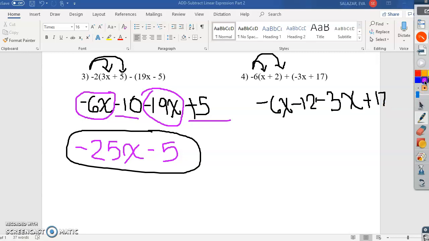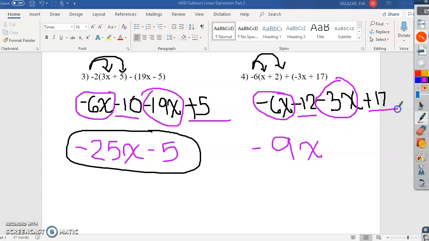Combine like terms. We're going to combine negative 6x and negative 3x, and that's going to give you negative 9x. You have negative 12 plus 17, and that is different signs. You subtract, and your answer is plus 5.